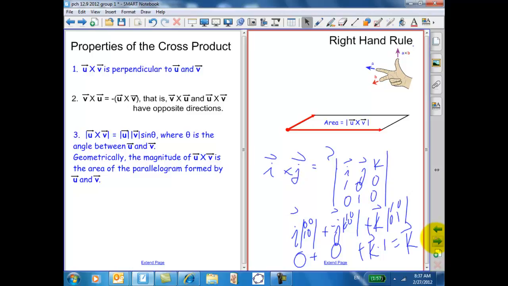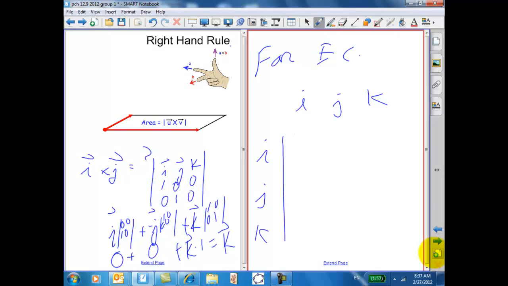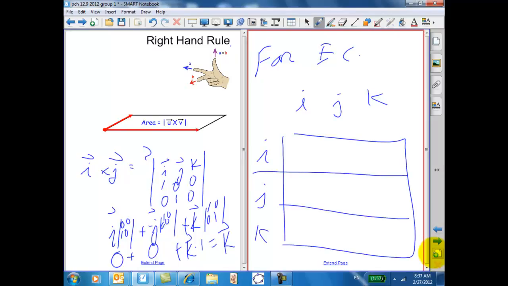Now, if you want to, you can set up here, this is for EC, a little chart, i j k, i j k, and you can tell me what you get when you cross all these. Let's say this is the first vector, and this is the second.